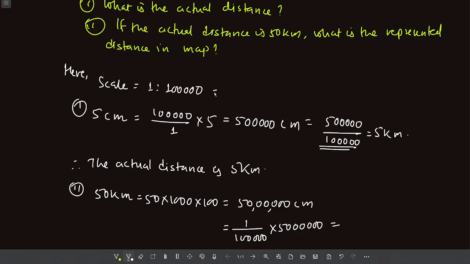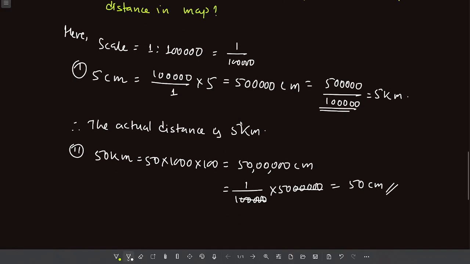So this is the same ratio we have to use, but whenever we are finding the actual distance, this should be kept at the numerator and this should be kept as a denominator. And similarly, whenever we are finding the distance in map, then by the same value, means smaller value up, greater value down, that should multiply. Now this 5 zeros, 5 zeros will be cancelled. Now it remains 50 centimeter. 50 centimeter is the distance in map.